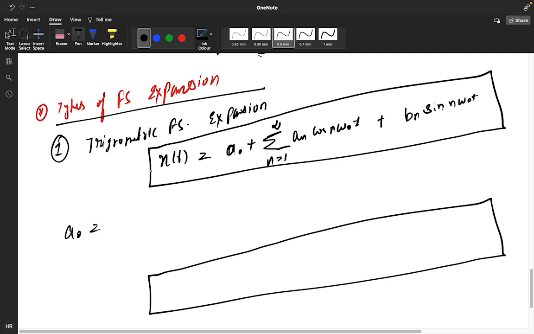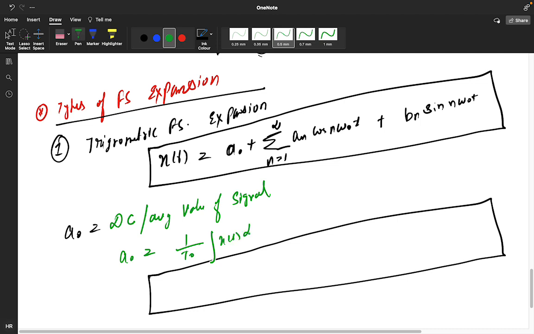A naught denotes the DC value, or the average value of the signal. And how can we find the a naught value? A naught can simply be found as 1 upon time period, integral of x of t dt. So a naught can be found like this, which means the absolute area.